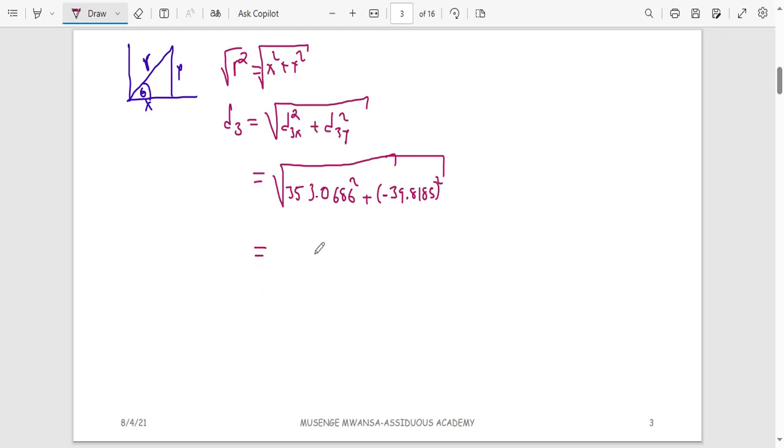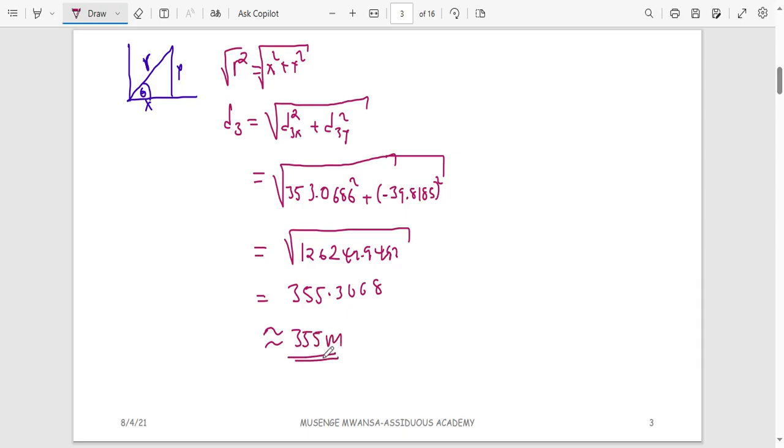If you do that, you are going to find the square root of 126,242.9492, and then simply square root this number. You are going to find 355.3068. We can simply round it off to 355. Remember the others were in meters, so this is also going to be in meters.